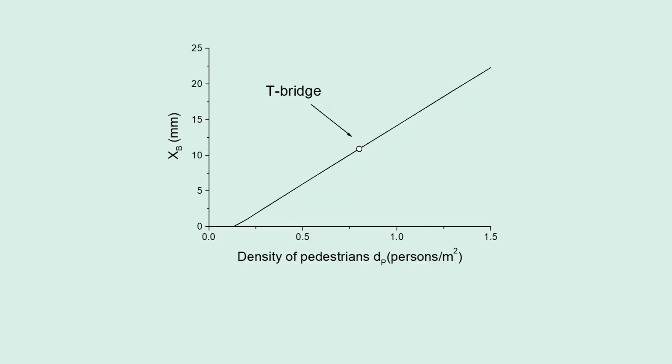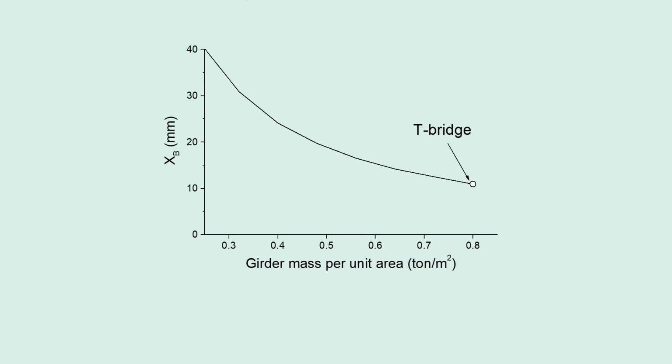This shows the lateral girder displacement xb with the density of pedestrians dP, calculated by my method. You understand, more people increase the girder response. This shows the calculated lateral girder displacement with the girder mass per unit area.